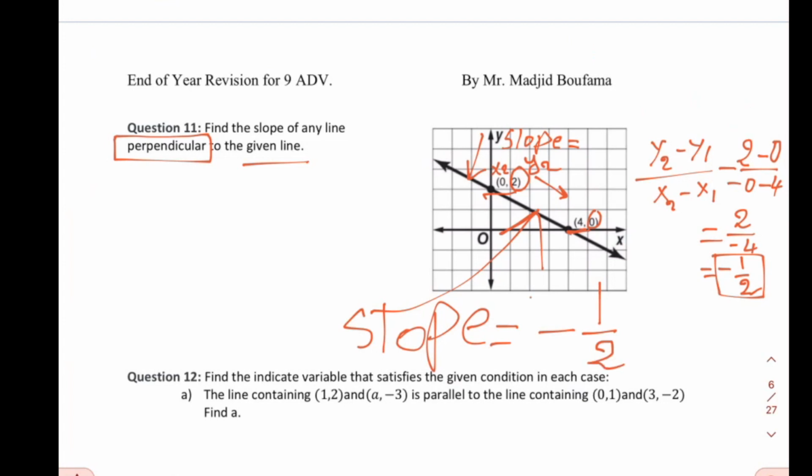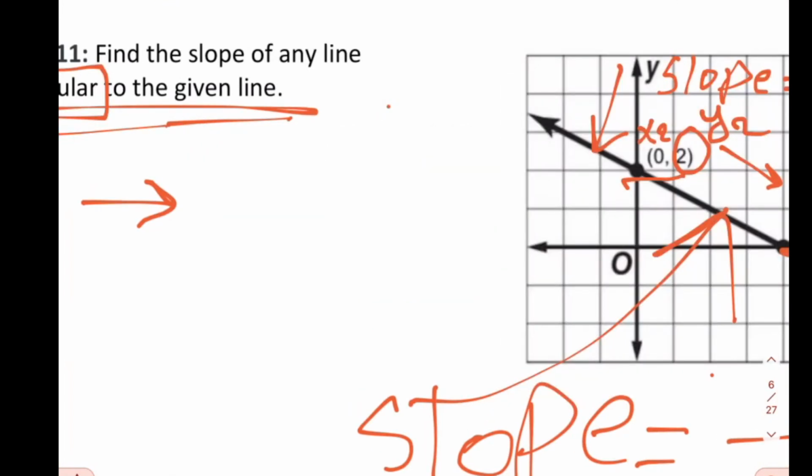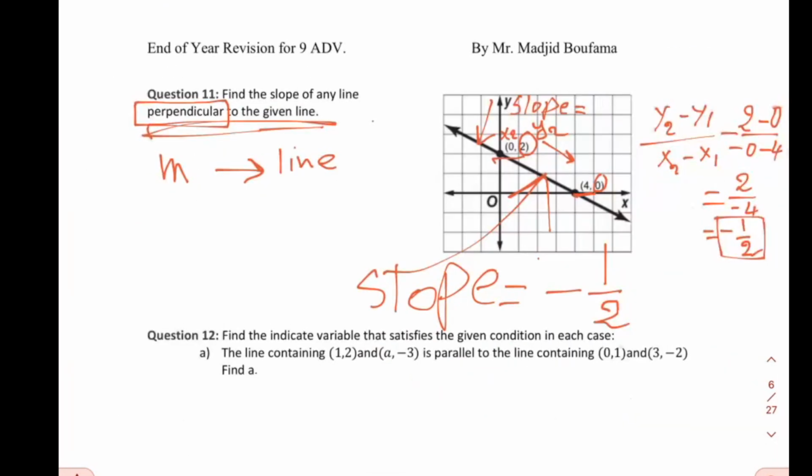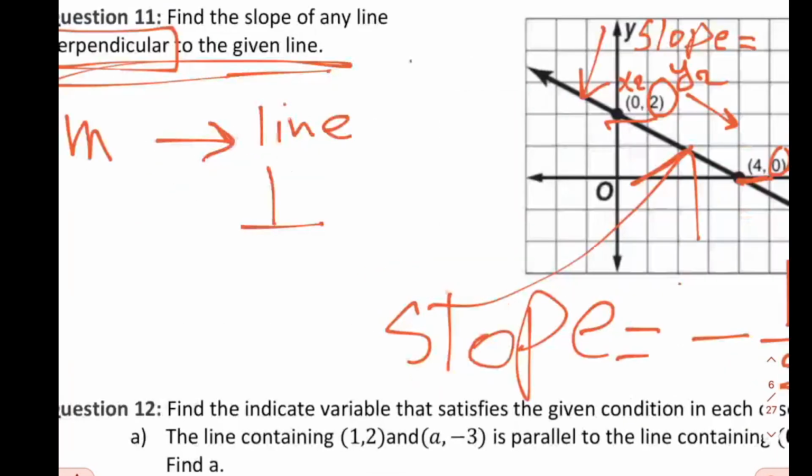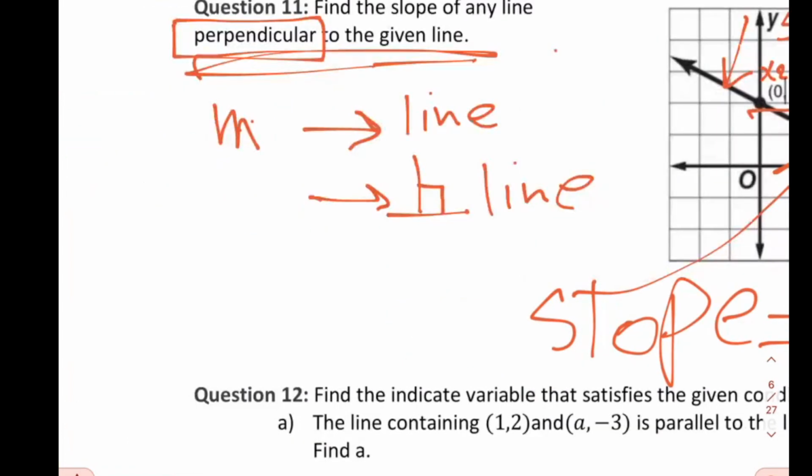We need the slope of a line perpendicular to this line. Remember the rule: if you have a slope m for a line, the slope for the perpendicular line should be exactly what you have in this slope m, but you reverse it.